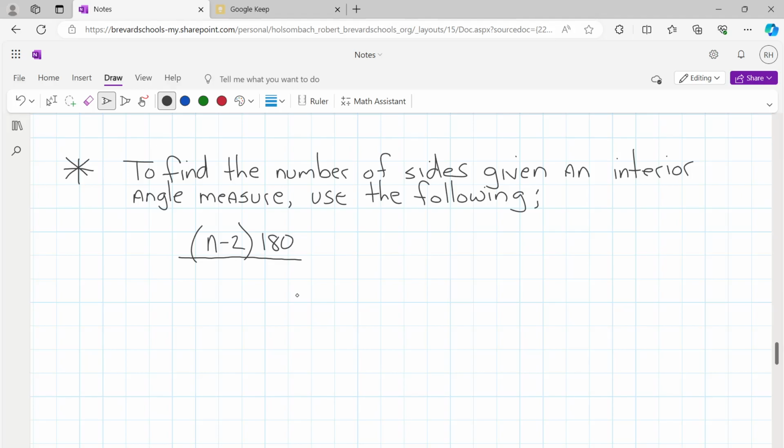So in that case, you're going to use this formula, n minus 2 times 180 over n equals one of the angle measures. And n is the number of sides.